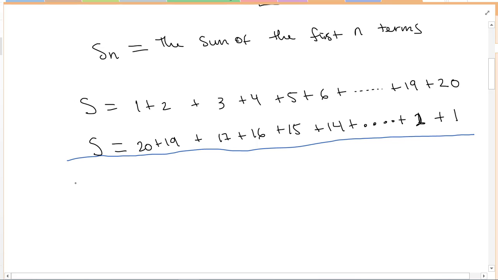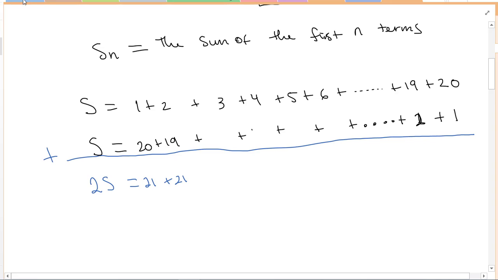If I add them, S plus S gives me 2S, and now add everything on this side. The reason they're lined up like this is 1 plus 20 gives me 21. What's 2 plus 19? 21. What's 17? Oops, I skipped a number, didn't I? That should have been 18.